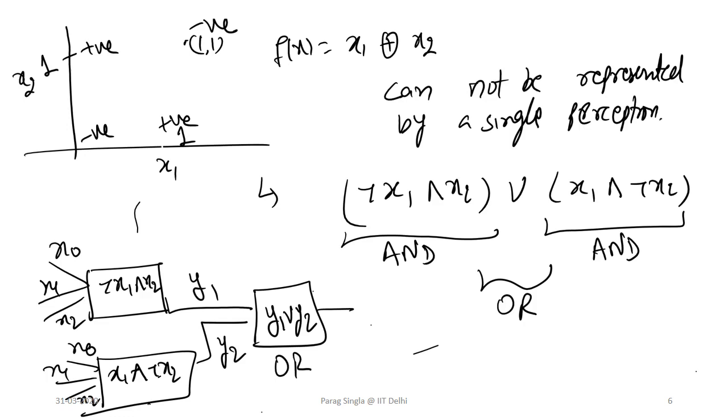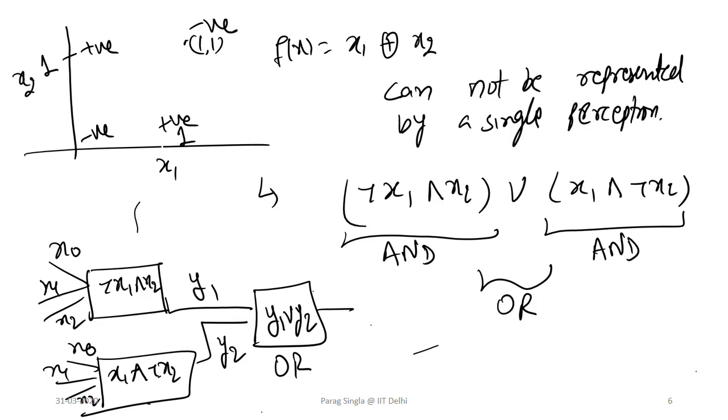So one possible form would be, let me write it slightly differently, x1 and not of x2, right?